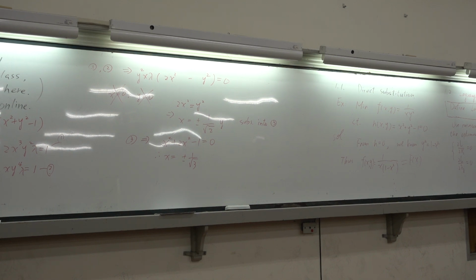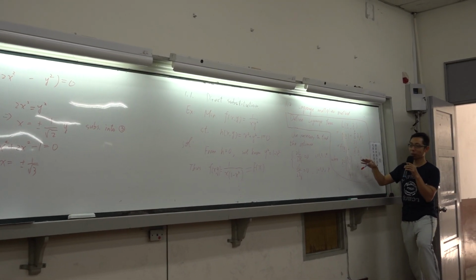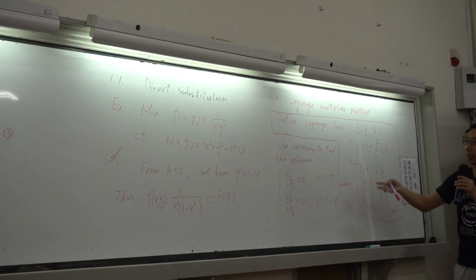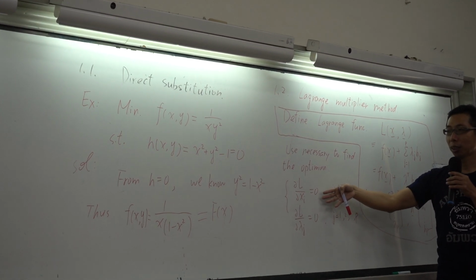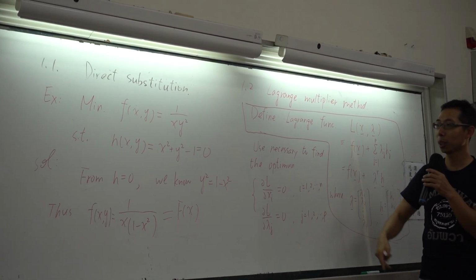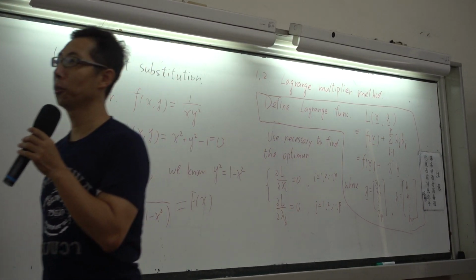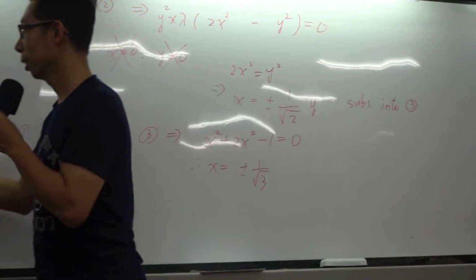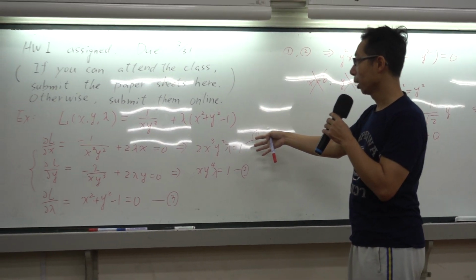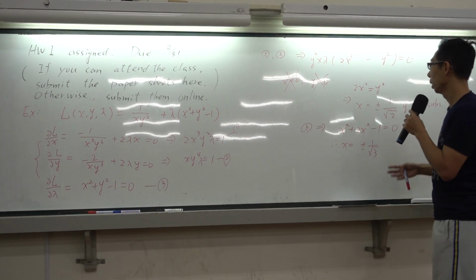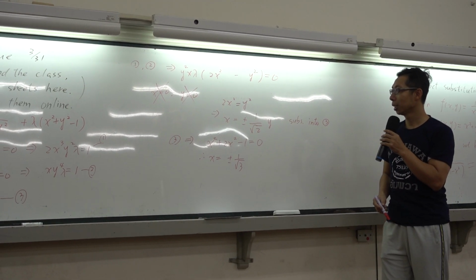So now it becomes a function of xi's and lambda j's. Then you take partial derivatives and set them to be 0, and try to solve for the point satisfying those conditions.